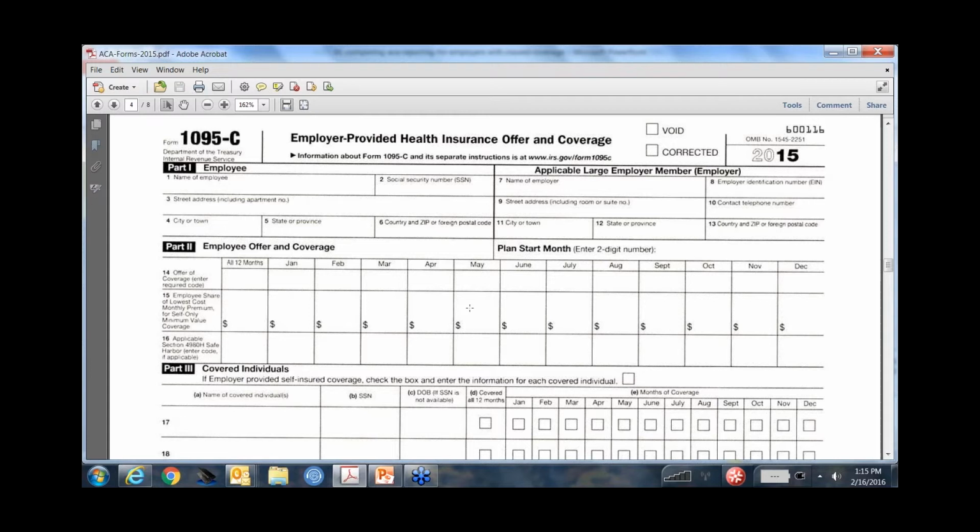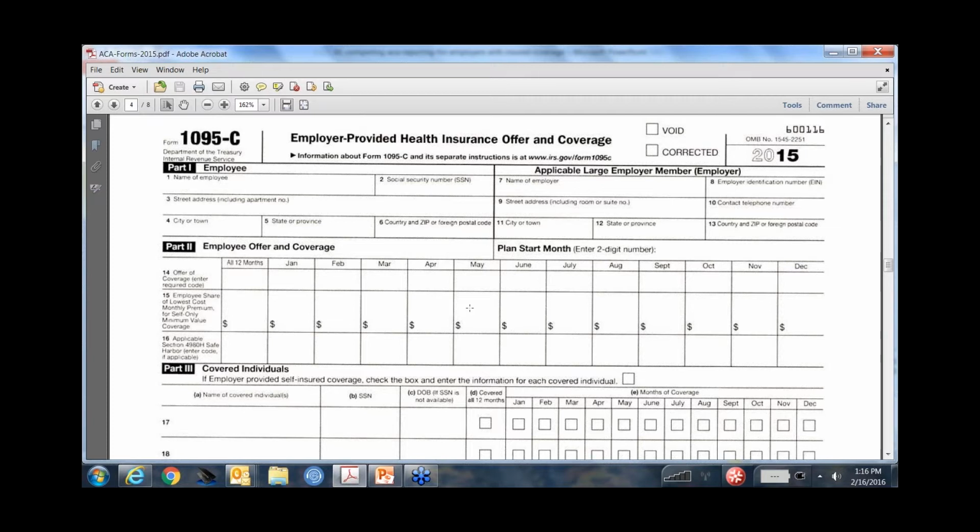Now, as I indicated before, remember that most employers have 3 types of employees: full-time, part-time, and variable hour. So if somebody always works 30 hours a week, that's full-time. And as soon as they start working for you and work 130 hours, they would get a 1095C. Part-time people would not get a 1095C because they don't work 30 hours a week.